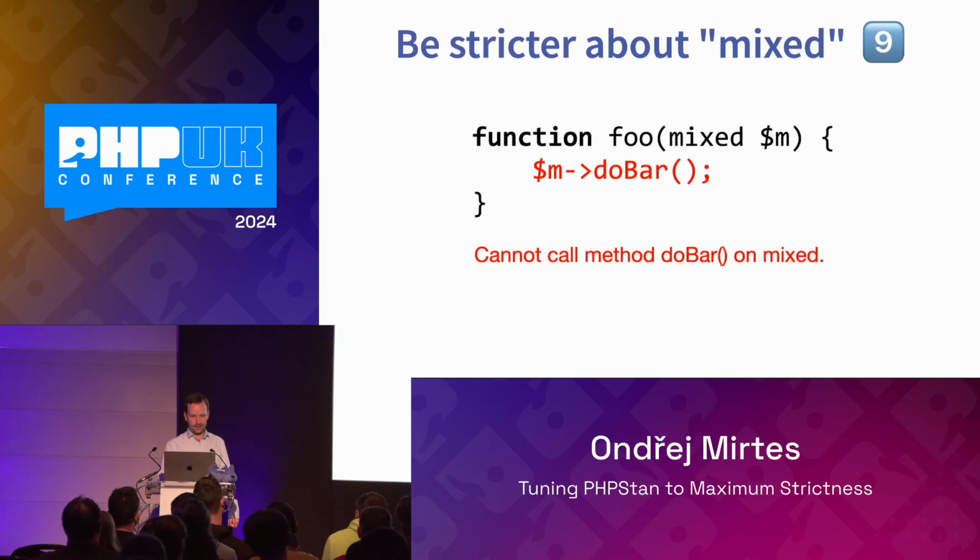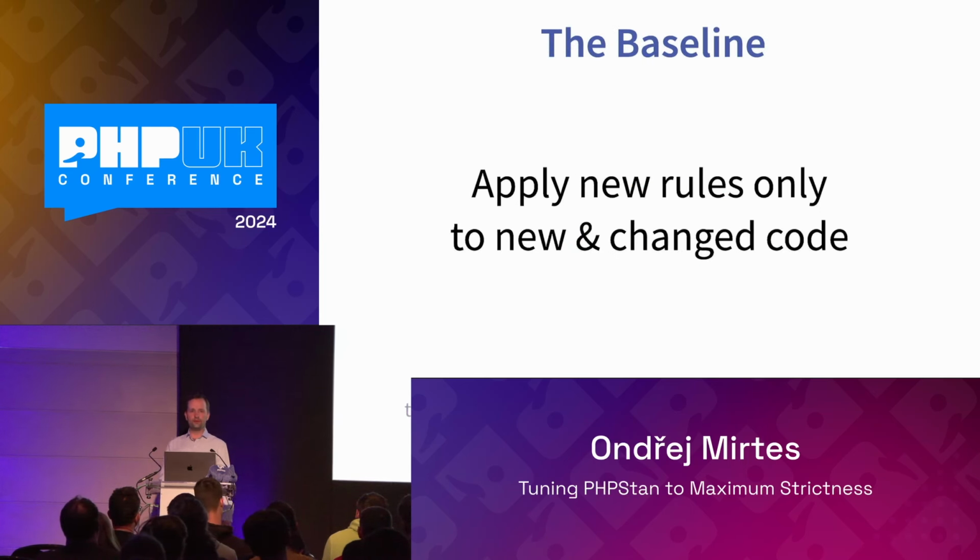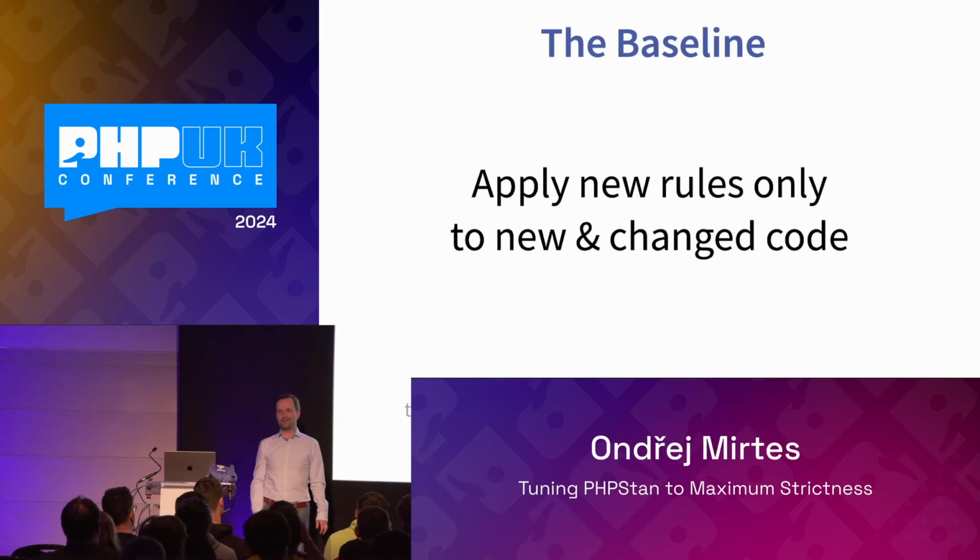All right, and what I strive for in all of my talks is that you should be able to go back to your job on Monday and apply what you learn here today. So there's this thing called the baseline, and we can thank Dave in the first row for inventing this concept.